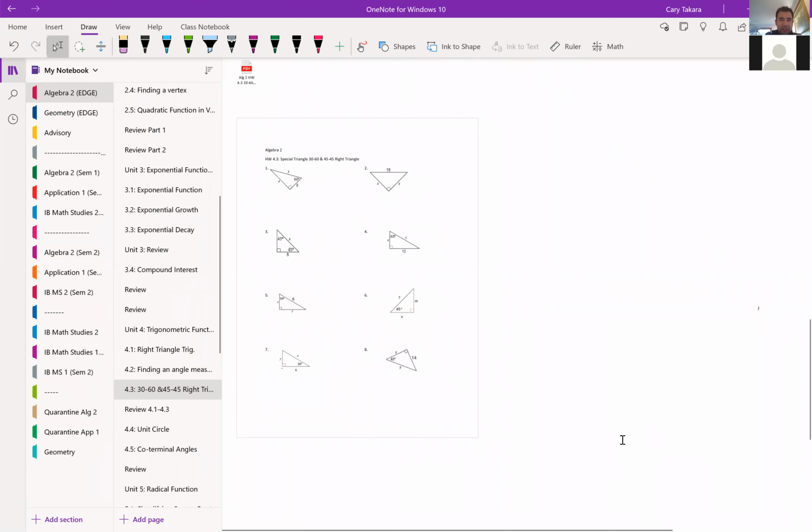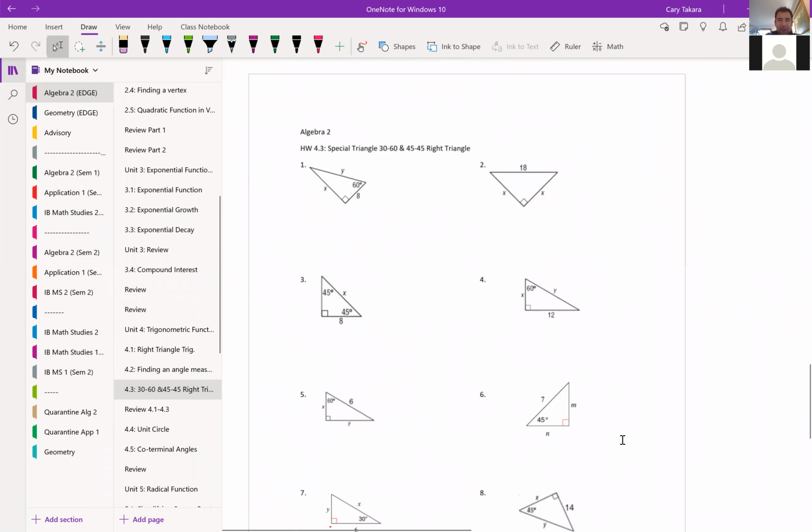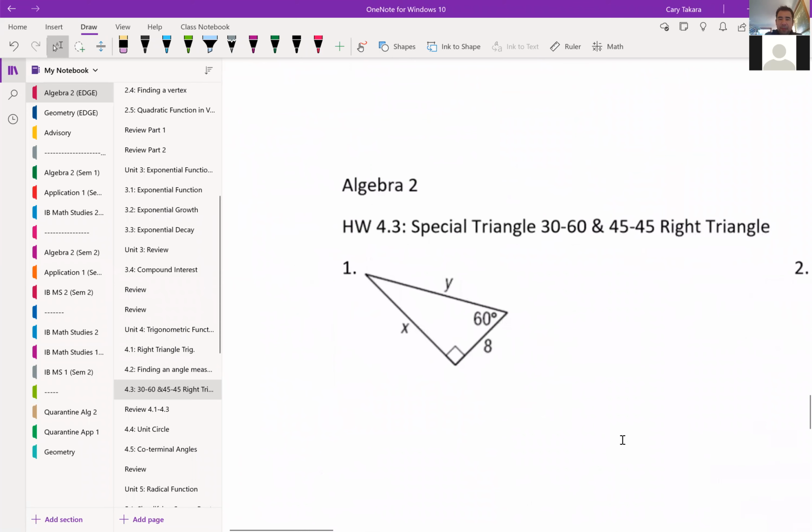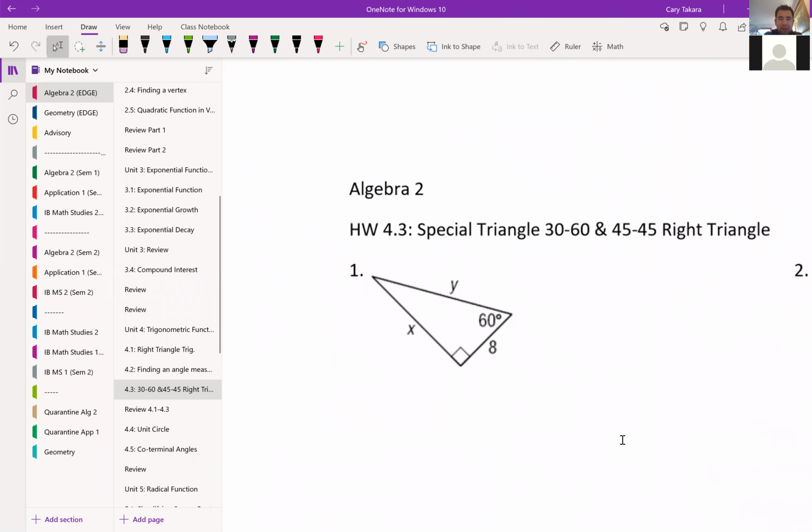So here is the assignment, 8 problems, okay? In your notebook, at least I want you to write down HW homework 4.3. Okay, so this is the 3rd assignment for this.